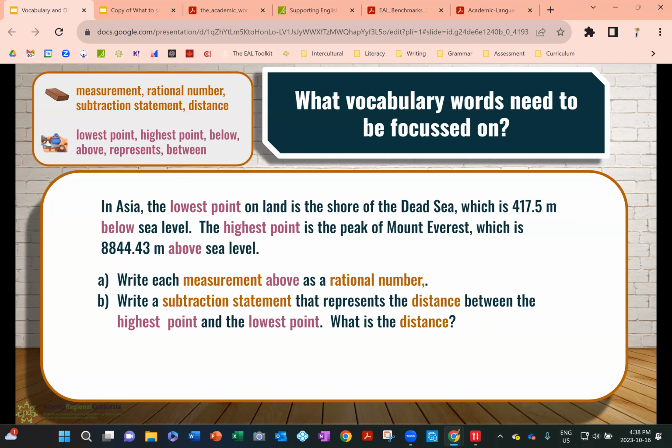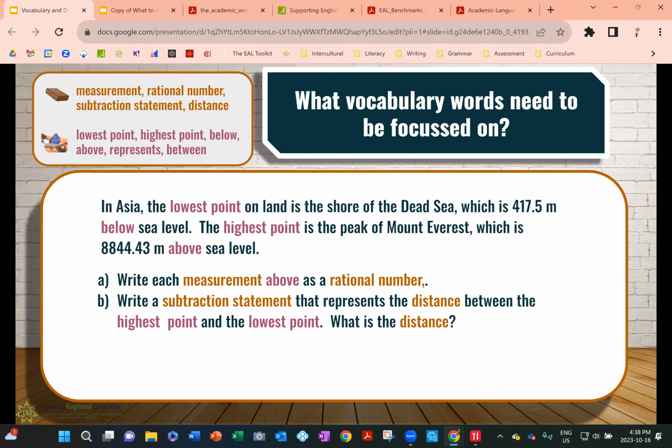They need to know rational number, what a subtraction statement is, what distance is. But then all of those other pieces too, like lowest point, highest point, below, above, represent. So what can we pull out to help them make sense of this question? Because that's a lot of language to mess your way through.